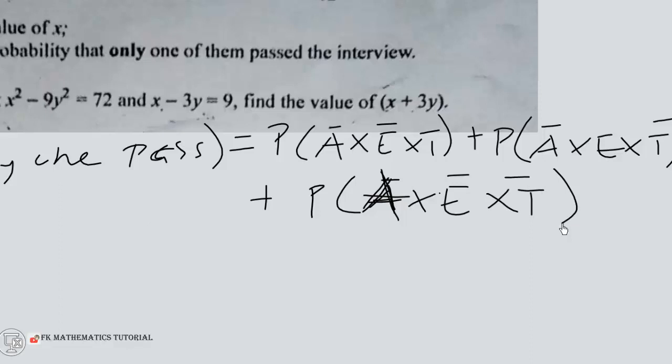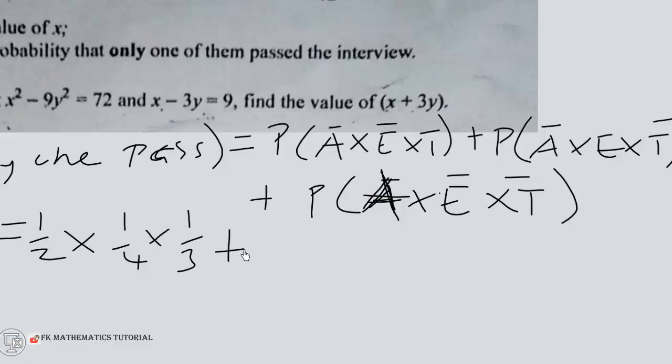So we fix in the values and simplify. So A failed is 1 over 2, E failed is 1 over 4, then T pass is 1 over 3.